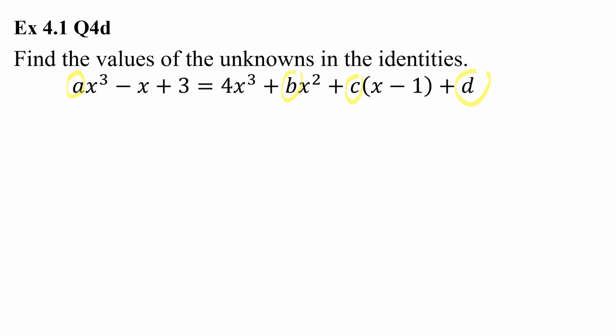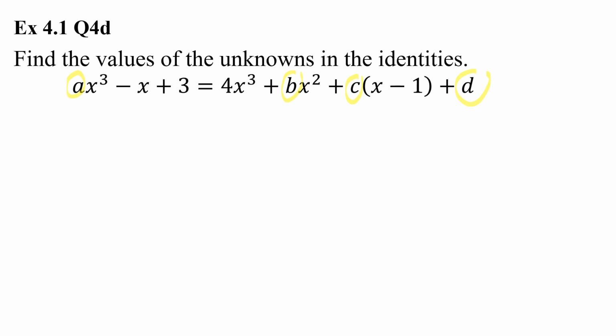Okay, so there are two methods to solve this sort of question, using substitutions or using comparing coefficients. Right. So it may look frightening to you at first because there are so many unknowns. But if you examine it carefully, you can actually find the value of A straight away.